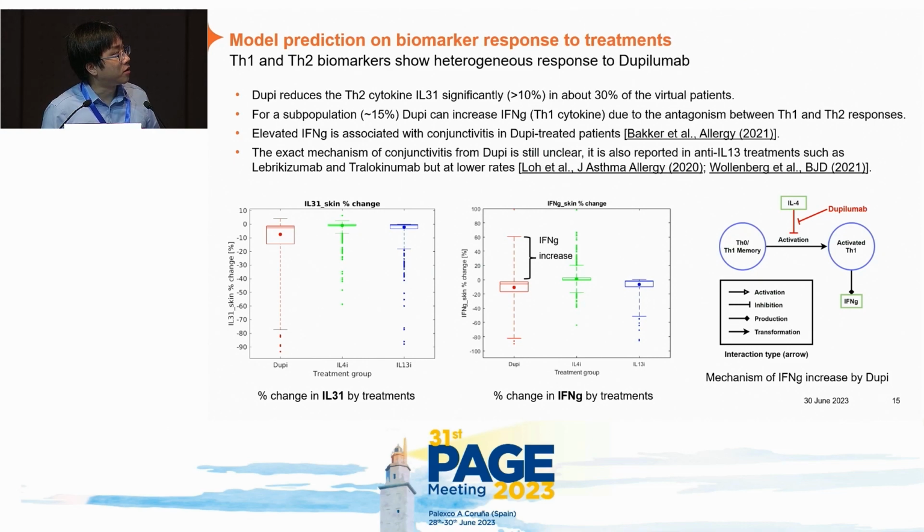So IL-4 inhibits Th1 activation, and dupilumab, by blocking it, can theoretically increase Th1 response and the downstream IFN gamma cytokine. And interestingly, this has been associated with an adverse event in dupilumab treated patients. So the side effect of conjunctivitis, I should say the exact mechanism is still unclear, but potentially IFN gamma inflammation may play a part.